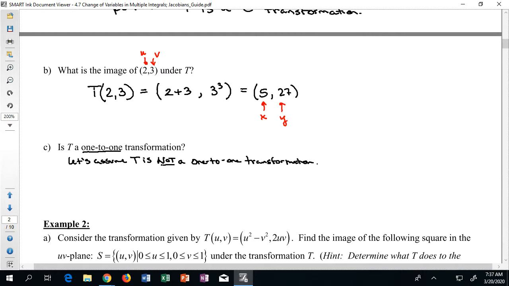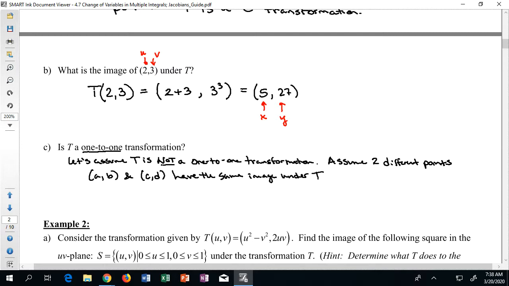So if I assume that this is not one-to-one, then we can start to play around with two different points. So assume two different points, let's say (a, b) and (c, d), have the same image under T.